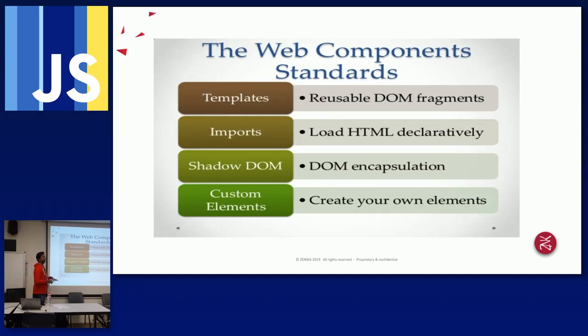It gives the flexibility so that you can write your web components in a .html file and import it in another HTML. Shadow DOM is basically to encapsulate your markups or CSS. And custom elements basically give you the flexibility to define your own elements.